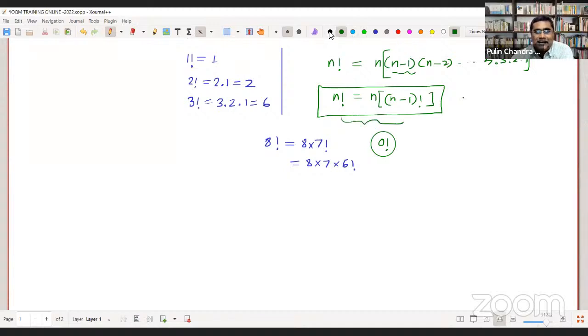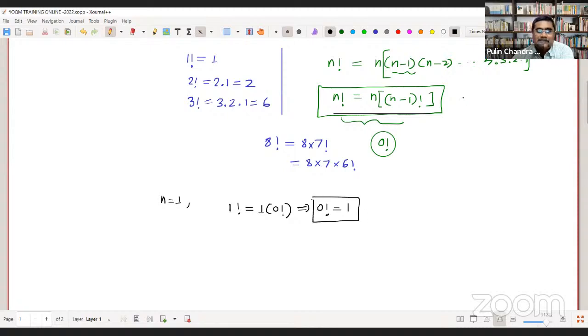Now, if I ask you to put n equal to 1 in that particular property or the deduction, what do you expect to get? You will be getting 1 factorial, and then this is 1, and then this is 0 factorial. So from here, you can identify that 0 factorial is equal to 1.